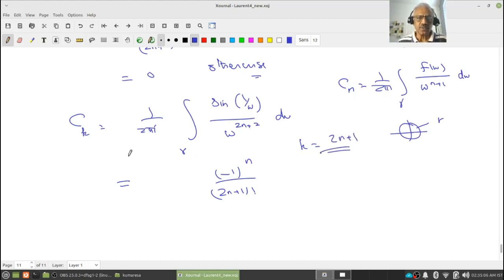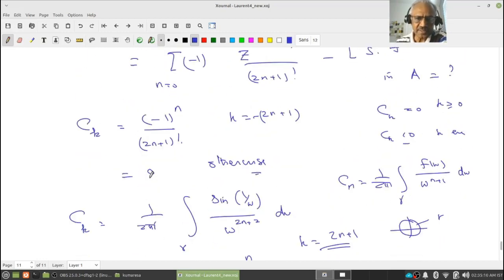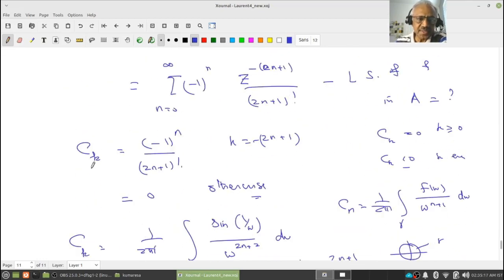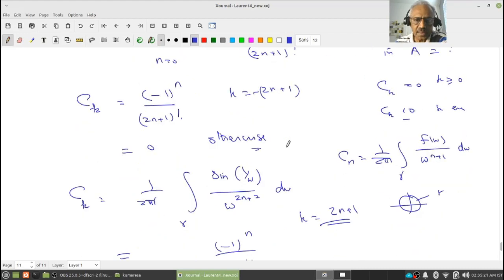I am going a little fast because time is running out. By manipulation I found out what ck is if k is minus 2n plus 1. Yeah, here I made a mistake, so let me go slow.